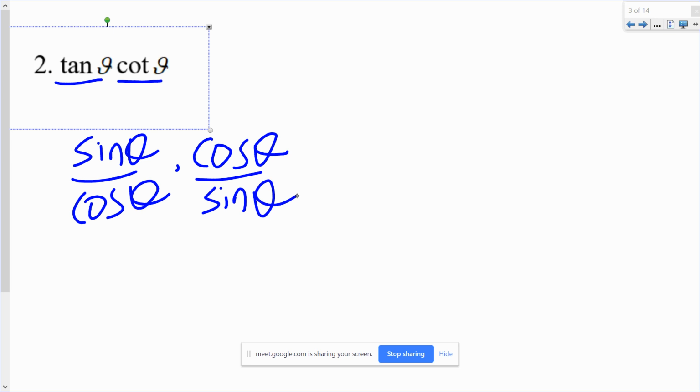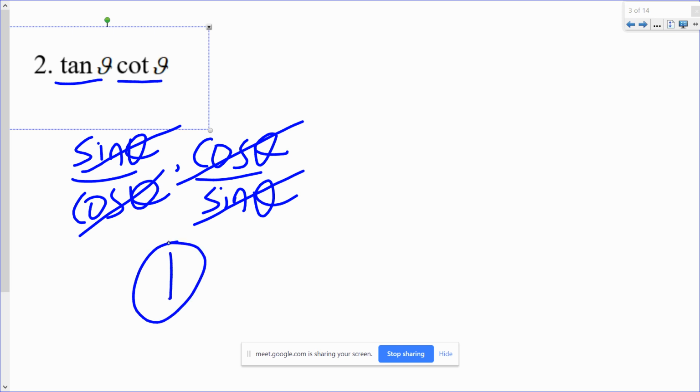Now, I can cancel anything on top with anything on bottom as long as it's the same. They don't have to be in the same fraction. So the sines are going to cancel. The cosines are going to cancel. Nothing's left, so the answer is 1. Any questions on that?